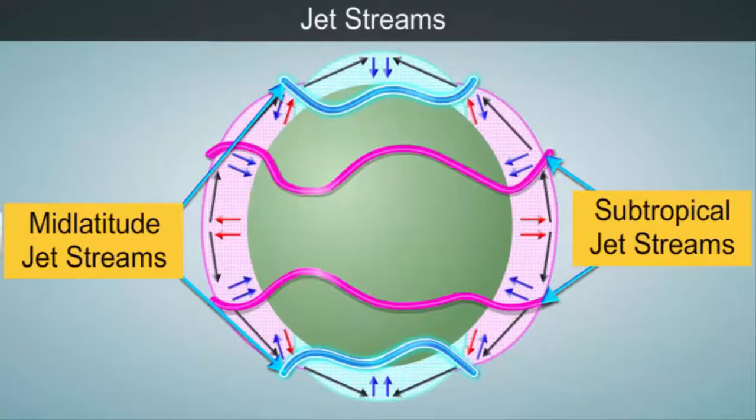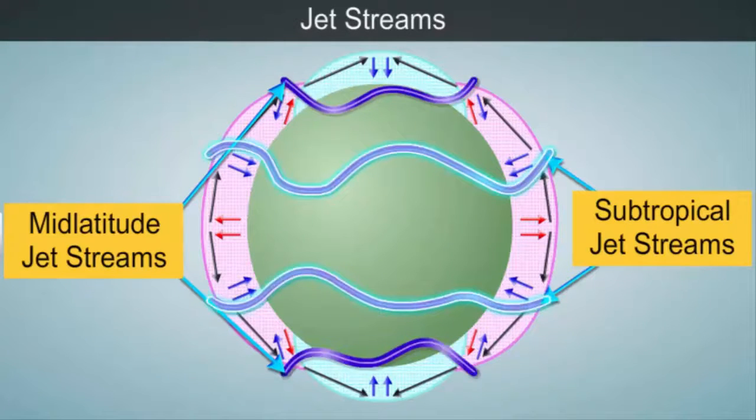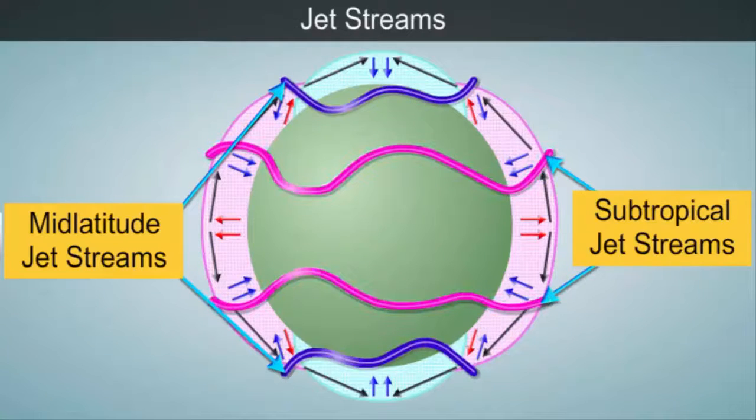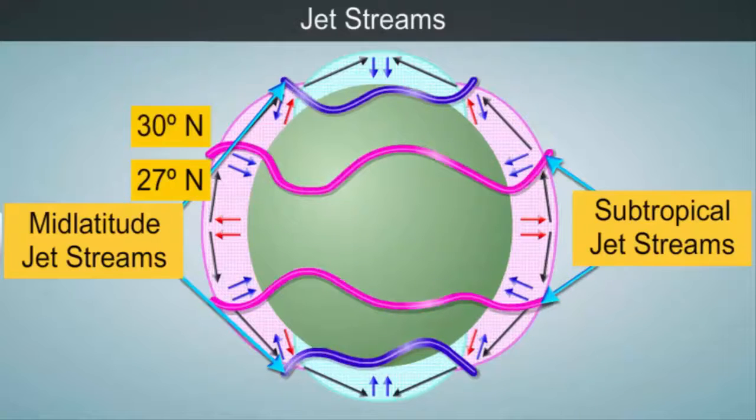These jet streams are located approximately over 27° north and 30° north latitude. They originate from the Mediterranean region and are known as subtropical westerly jet streams.